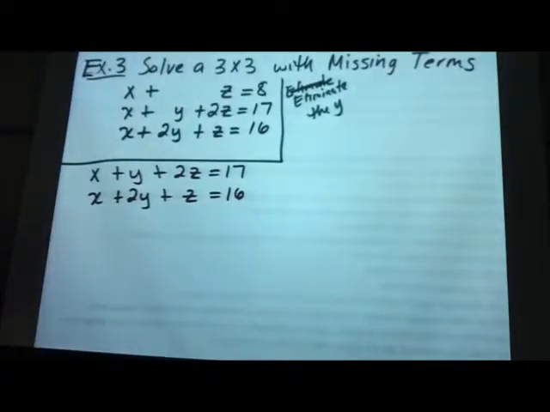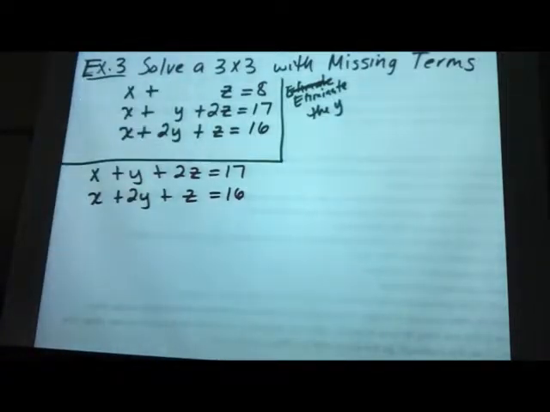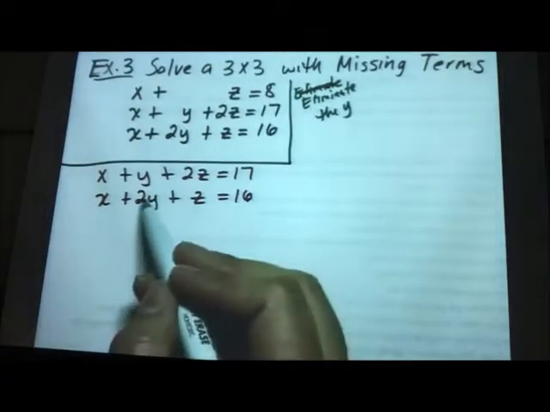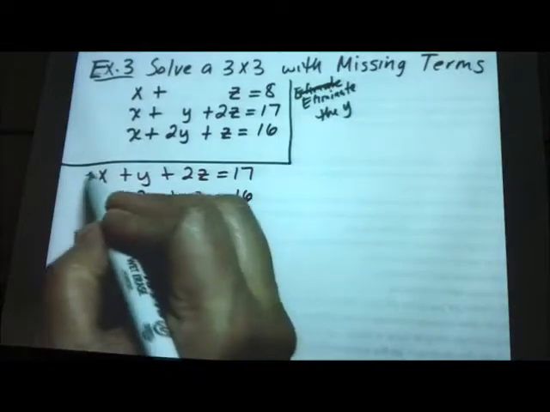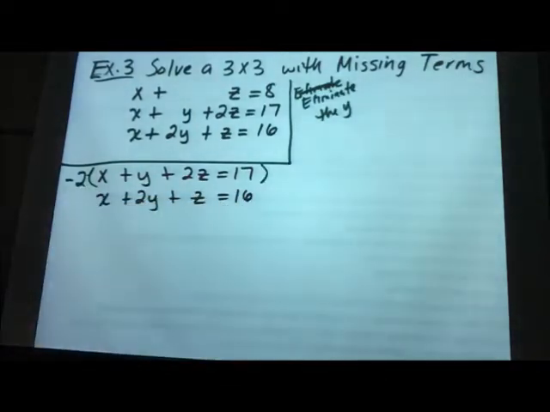And remember, our goal is to eliminate y because y is already missing on the first one. So what do I have to multiply by in order to eliminate the y? If I have a 1 and a 2, well, we have to make this one a negative 2. So what's a negative 2 times x?